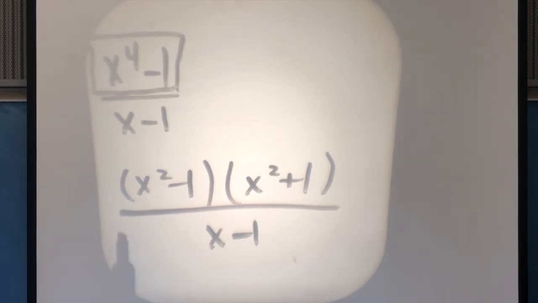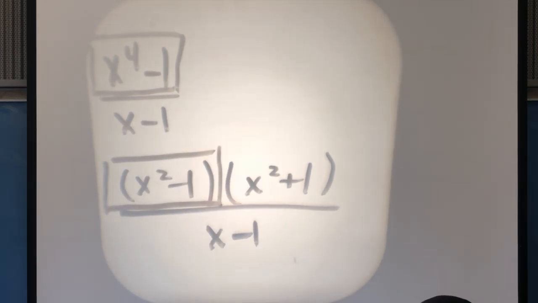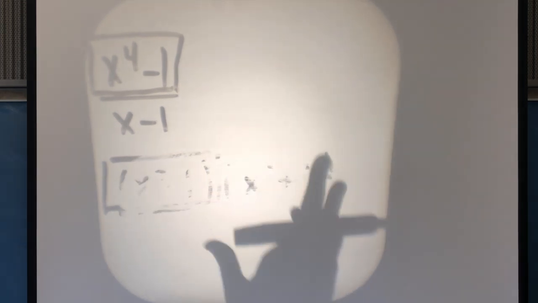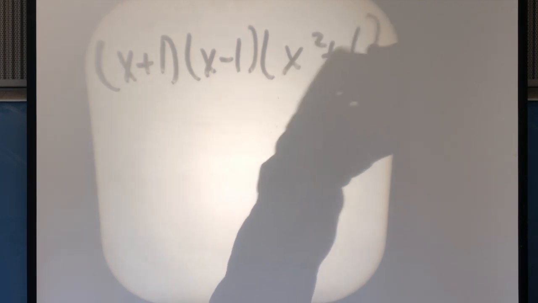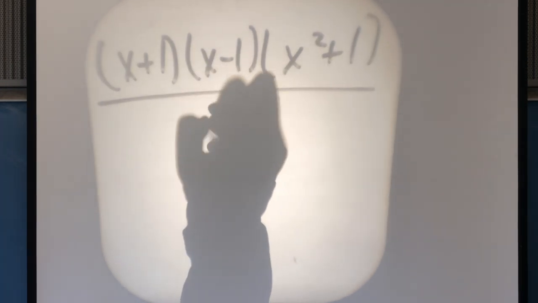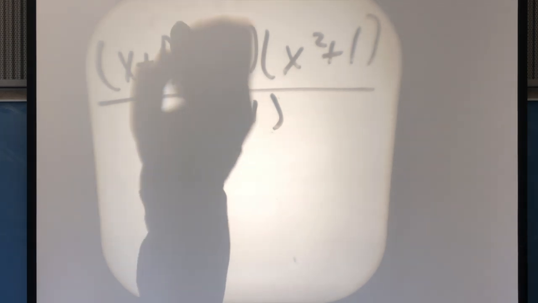Looking at this, you can factor it even more, because there's an x squared minus 1 in the numerator, and that can factor even further. So we can write this as x plus 1, x minus 1, x squared plus 1, keeping the same denominator, x minus 1.